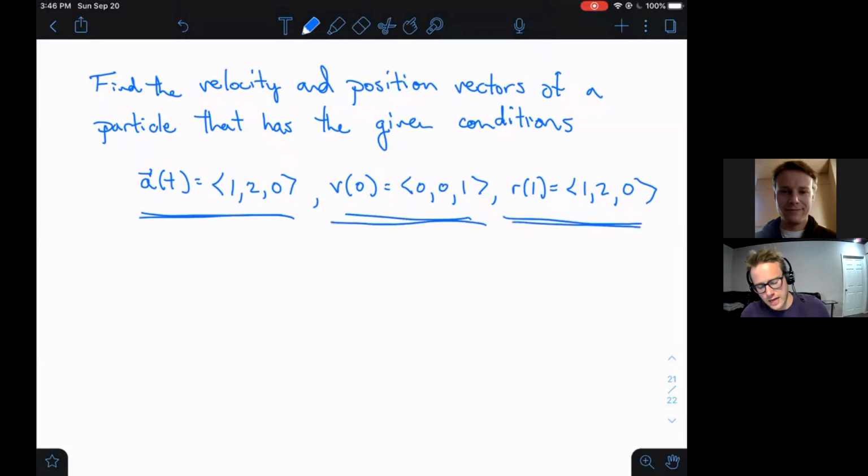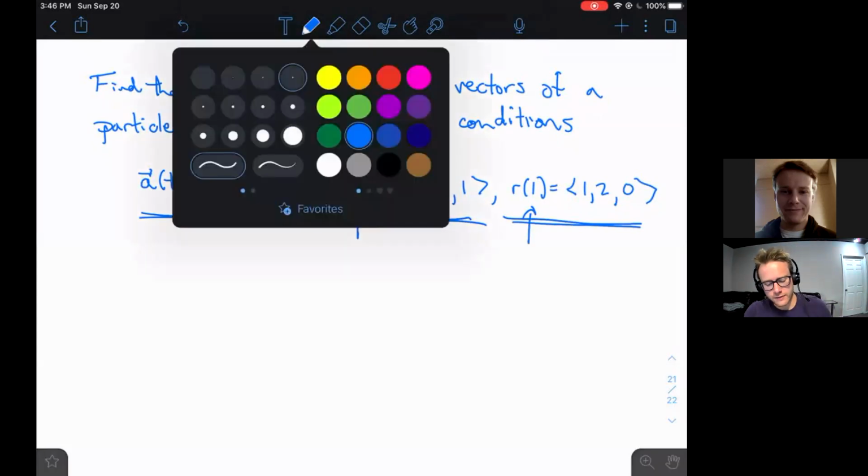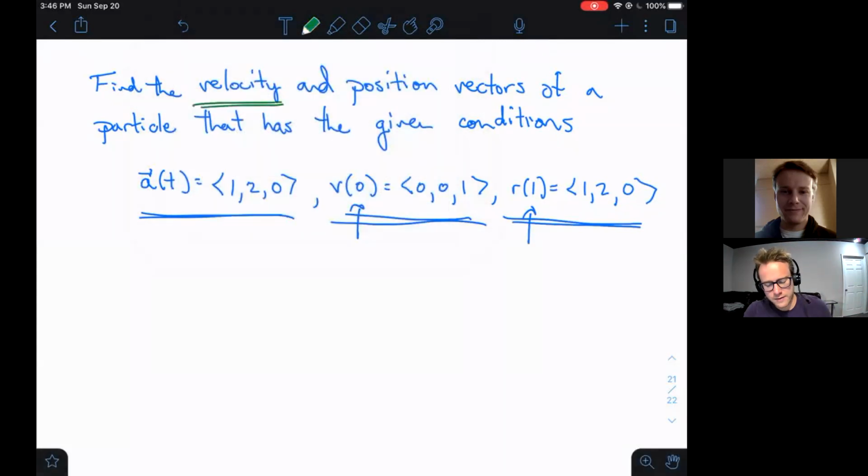And so this is just velocity at time 0, and this is just position at time 1. Our goal here is we'd like to find the velocity vector, so maybe v of t in this case, and we want to find the position vector, so maybe r of t. So the full-on vector here, not just at a specific time, but for all time. Right? So that's going to be our goal.